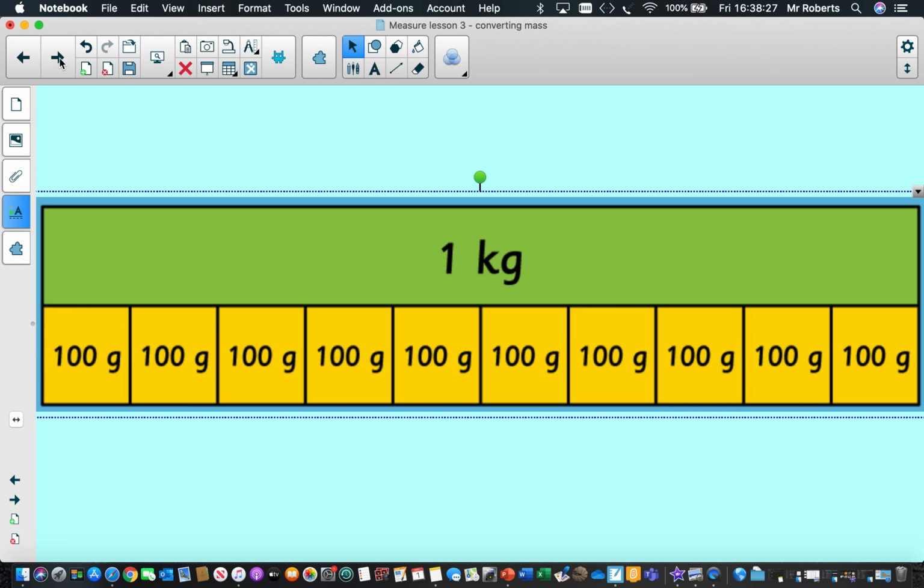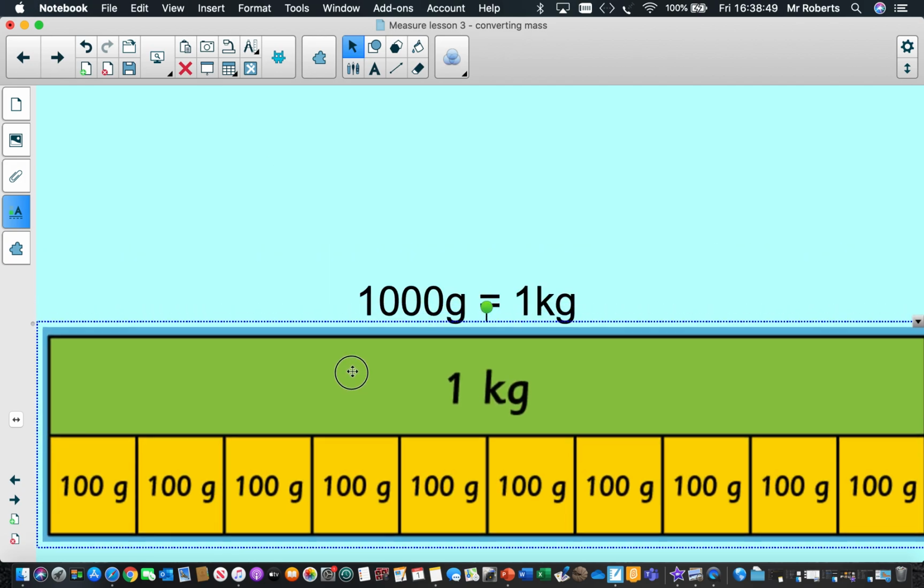So I've got my 1 kilogram on my screen as part of my bar model, and then I've got some 100 grams underneath. So we need to work out how many grams are in 1 kilogram. So how many 100 grams can you spot? Yes, you've got it.